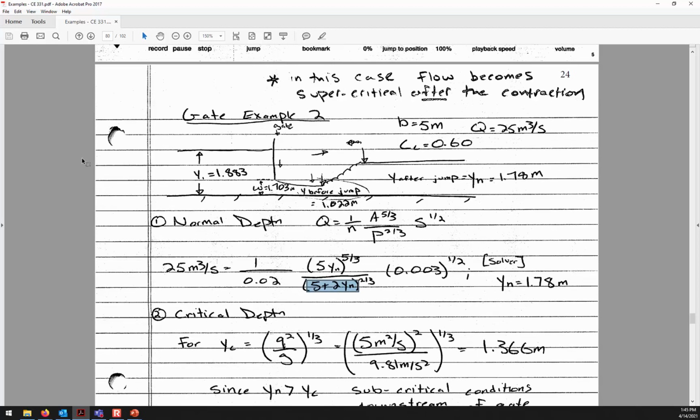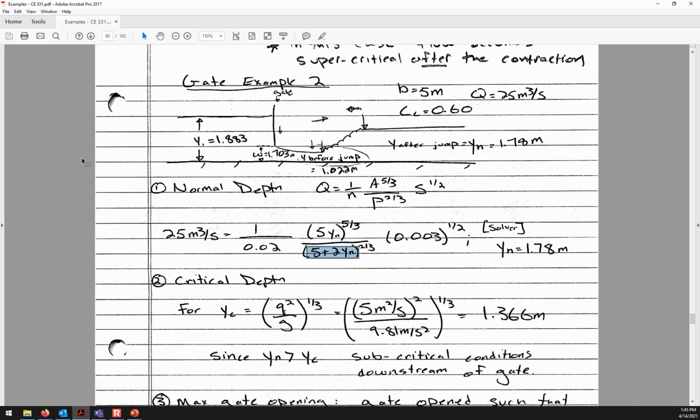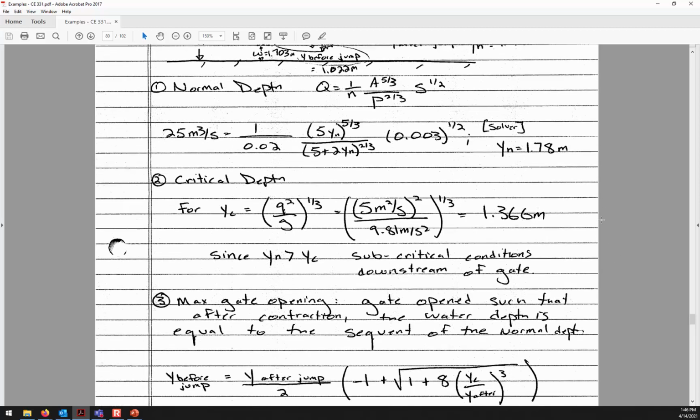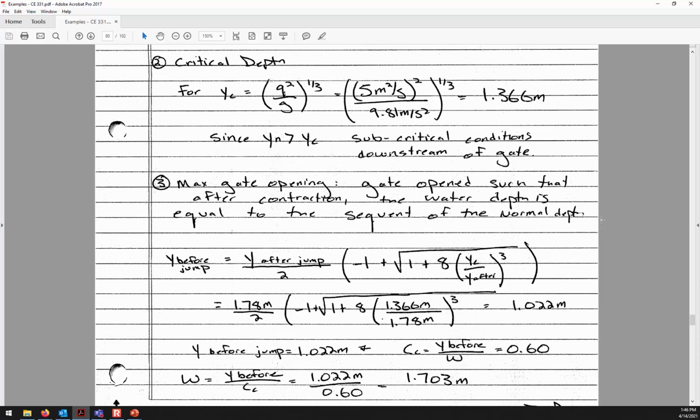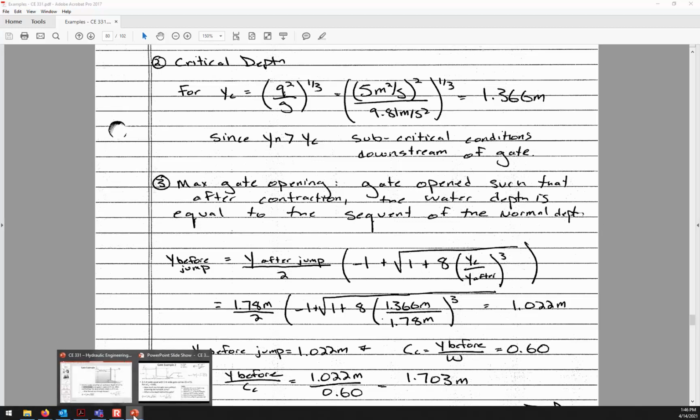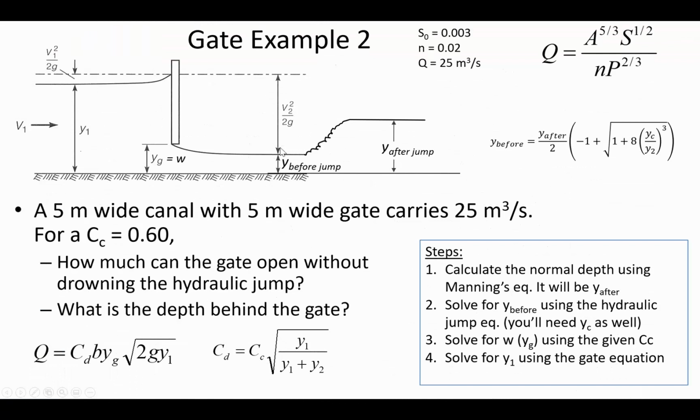Okay, we previously had determined the normal depth 1.78. You can see the calculations for getting to the critical depth as our second point here. Now, the maximum amount the gate can be opened is going to be determined by the depth upstream of the gate and also the contraction that happened. So we use the jump equation to find y before, and then use y before and C sub c to find w.